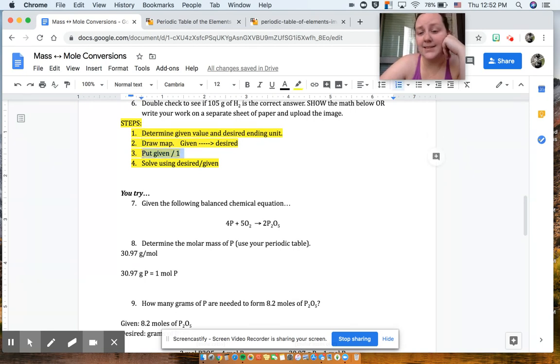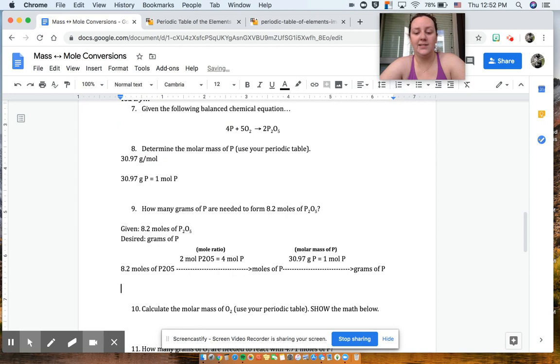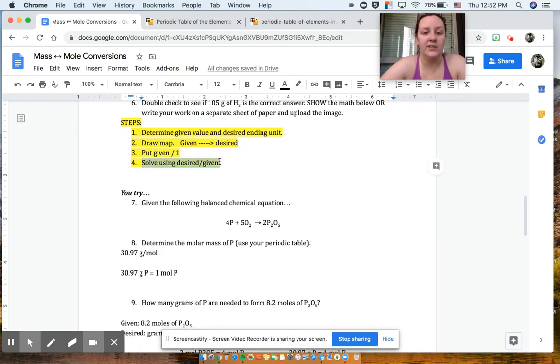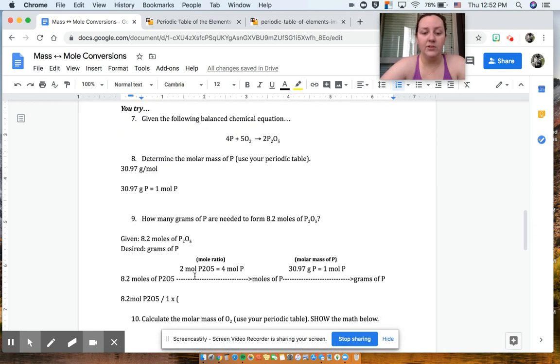Step 3, the easiest step: just put the given over 1, 8.2 moles P2O5, over 1. I like to spread it out more. And then we need to solve using desired over given for every step in our problem. So we're going to have 2 conversion factors, basically.